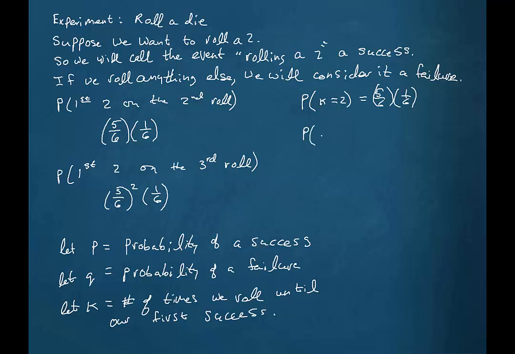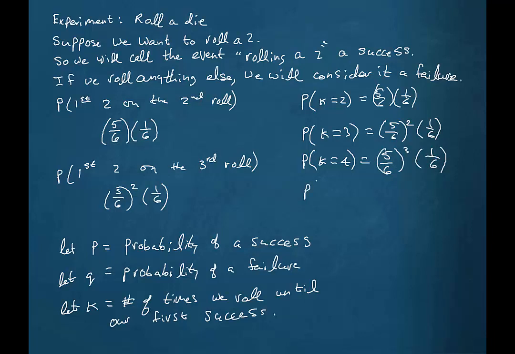The probability that K would equal 3 would be 5/6 squared times 1/6. The probability that K would equal 4, we'd have to have 3 failures before we had our first success. The probability that K would equal 5, we'd have to have 4 failures before our first success.